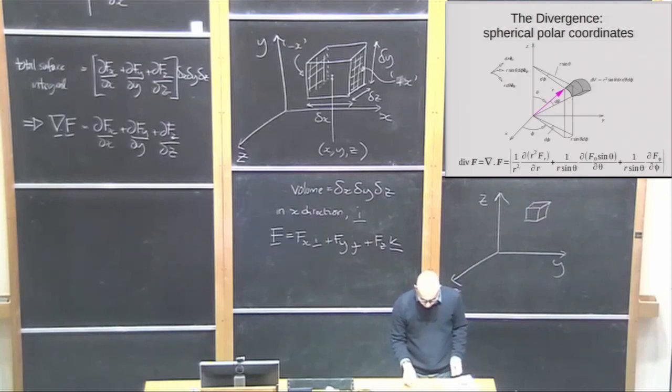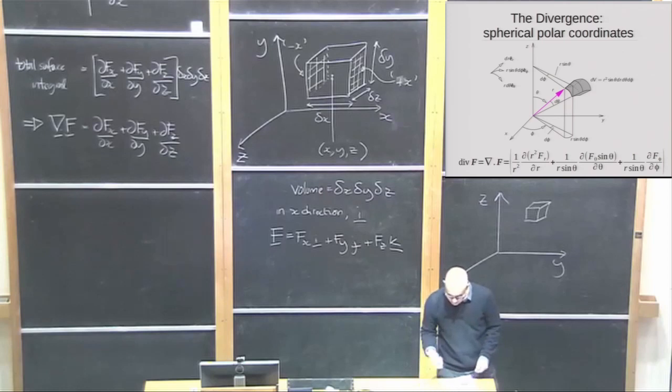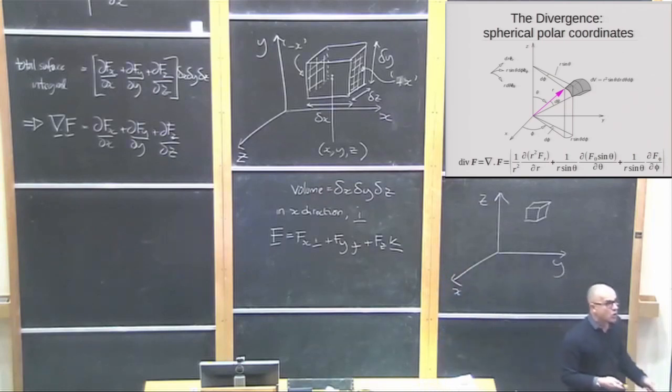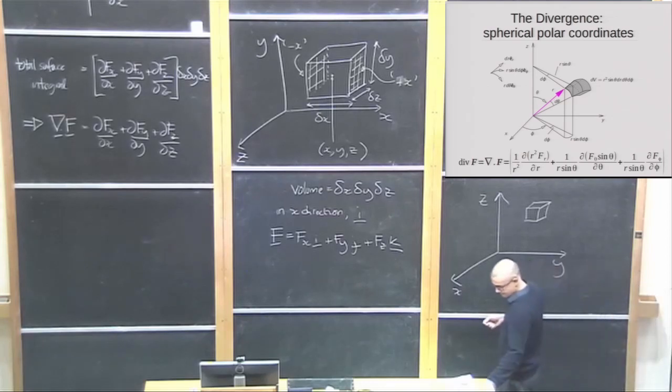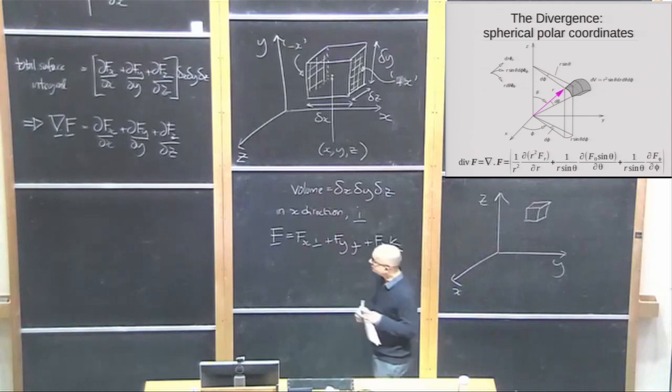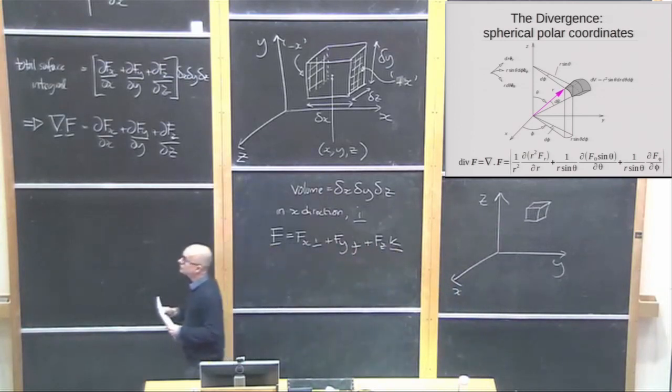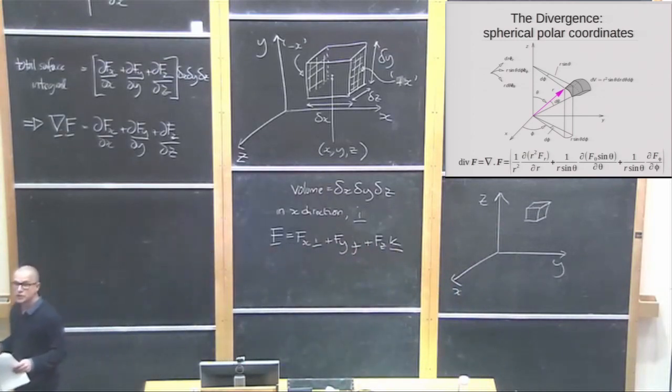If you do the same thing for spherical polar coordinates, where the scale factors are 1, r and r sine theta, if you recall, then you end up with a slightly more complicated expression, which is this one here. Again, you don't need to memorize it. But we are going to use this expression in the following exercise, where we work out the divergence of the electric field.